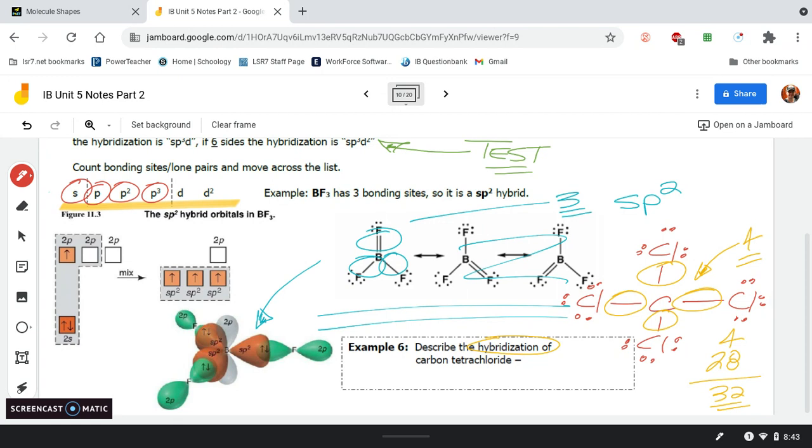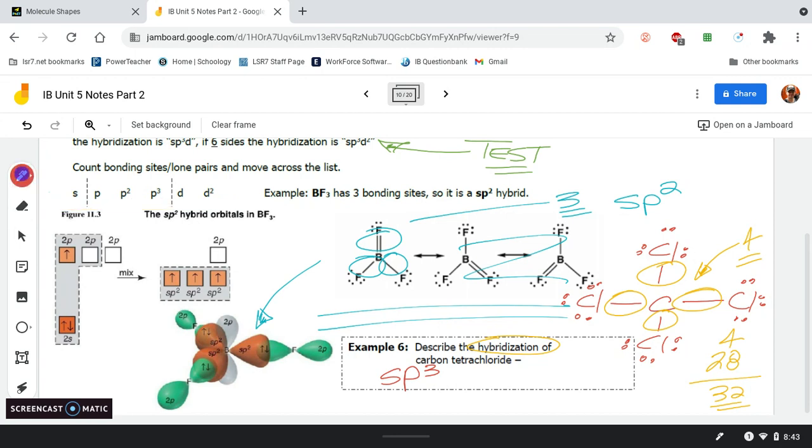I take the highest value from each letter. This is going to become an sp3 hybrid. It's blending the s orbital with the p orbital, and it's going to push into the p3. You don't need to know all that. You just need to know that it's called an sp3 hybrid.